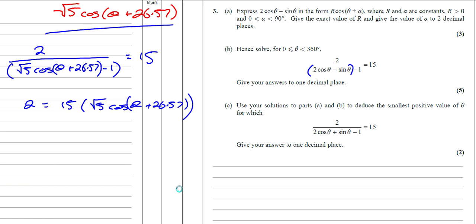If we divide through by 15, we've got 2 over 15. So there, got the minus 1 on the end of that. Oh, almost forgot. So we've got root 5 cos(theta + 26.57) minus 1.